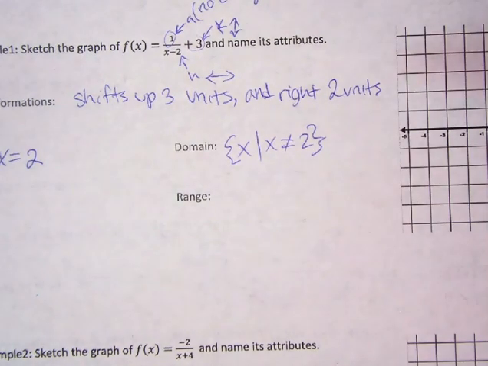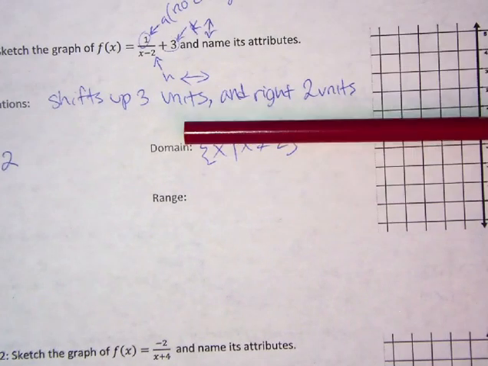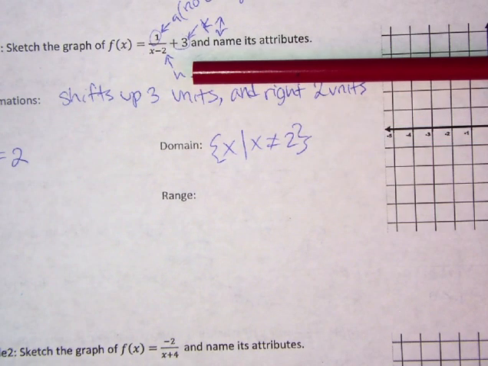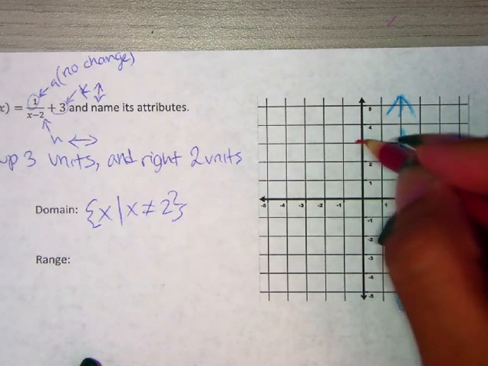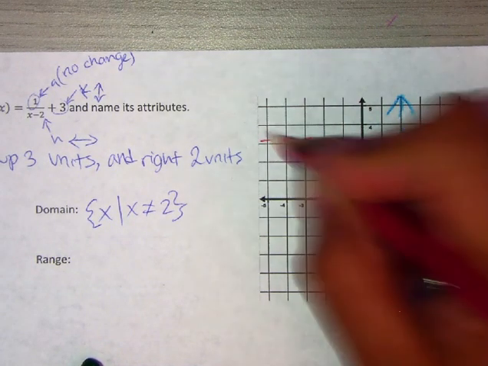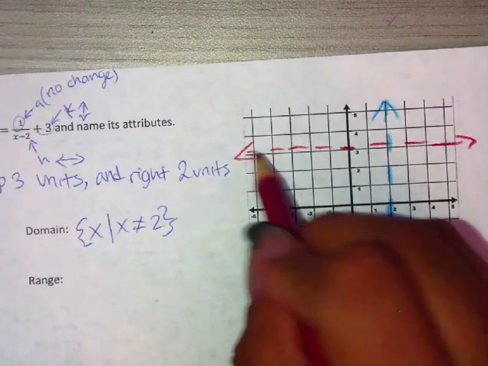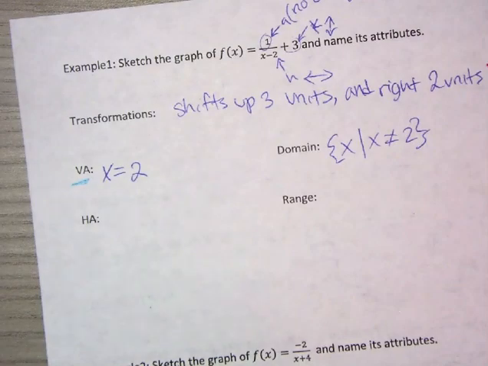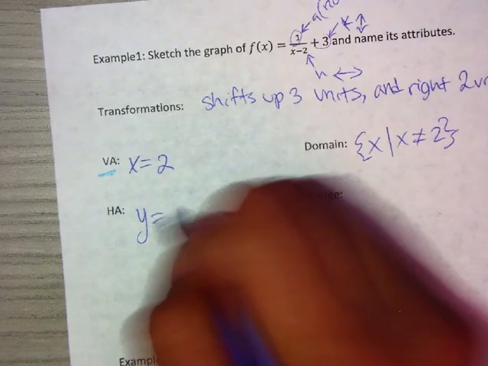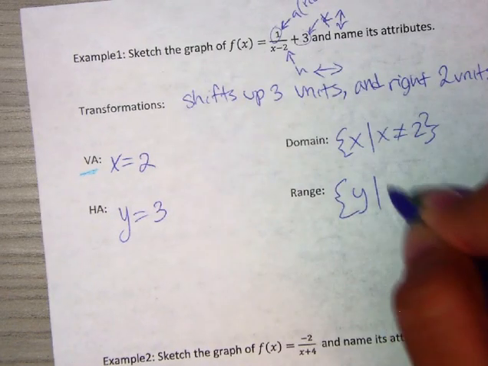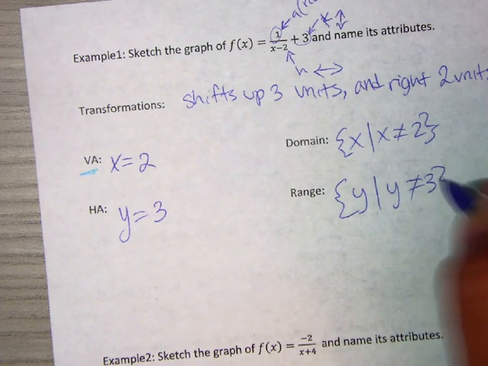And then for the horizontal asymptote, it shifted up 3 units because that was our description. So if this shifts up 3 units, it's going to be touching at y equals 3 now, and that's where the horizontal asymptote will be. So we're going to write it as y equals 3, and the range is y such that y cannot equal 3.